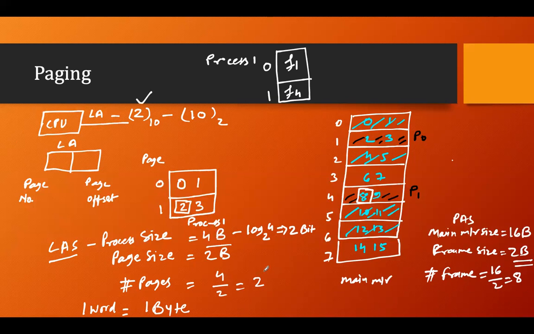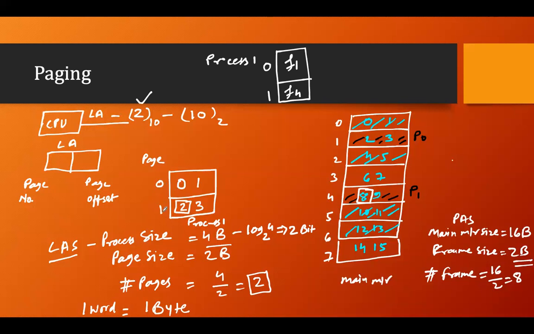Now, what is the page size here? Page size is 2. To allocate 2 pages, how many bits are required? We require 1 bit, so page size is nothing but my offset. So with the help of that, we can use it. 1 bit is sufficient to represent 2, meaning 0 and 1.